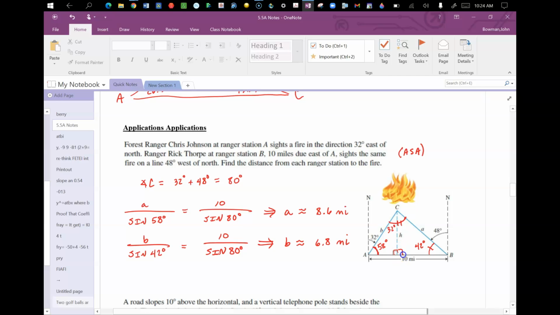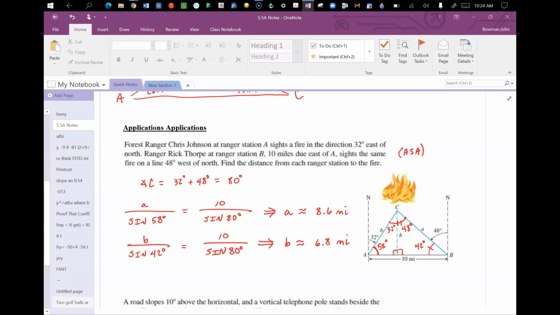And the right triangle on the right, if we add 42 to 90 and another 48 to that, we will have 180 degrees in that triangle. So angle C that we are interested in is 32 degrees plus 48 degrees.